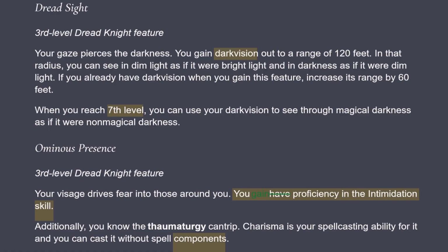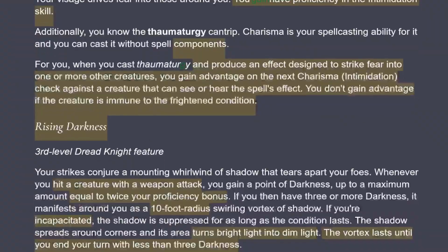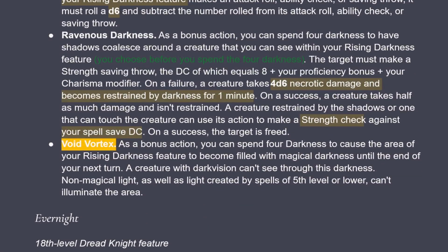That doesn't feel right. 100% we should have got that at level 7, at the same time at the very least, to see through magical darkness and gain some kind of ability to cast magical darkness ourselves, not relying on a sorcerer, wizard, or warlock, or somebody else in the party to be casting the darkness that we want to be seeing through or using for our tactics or whatever.